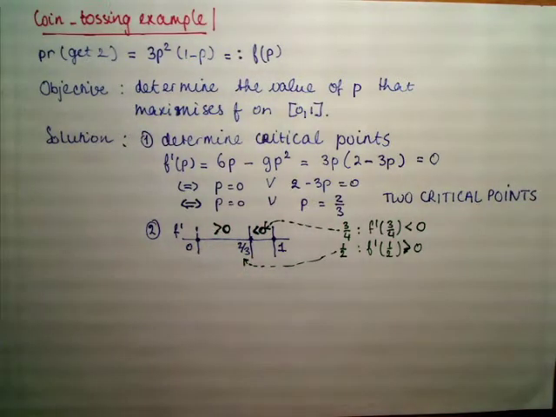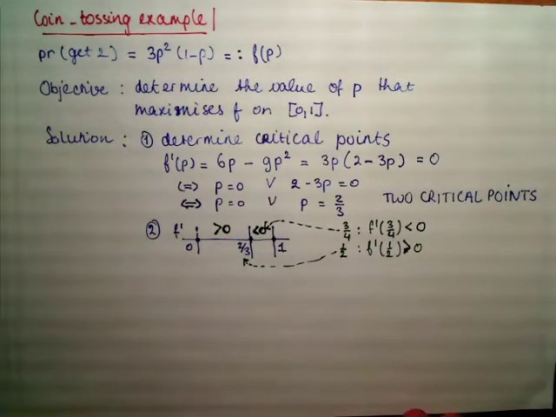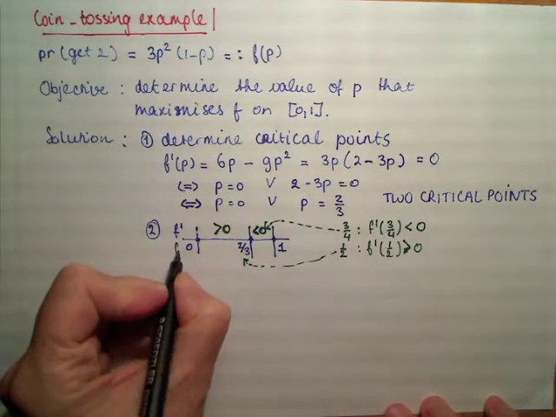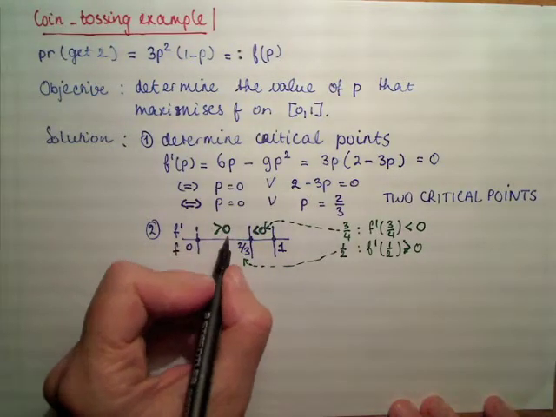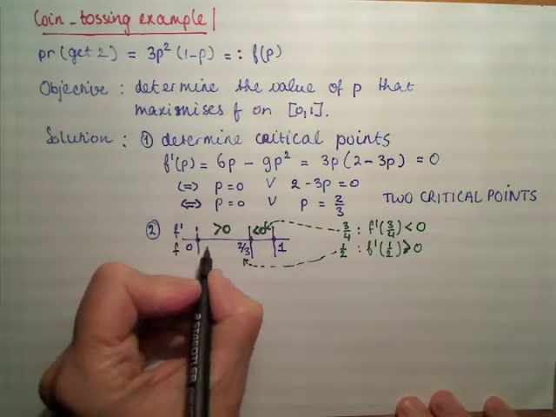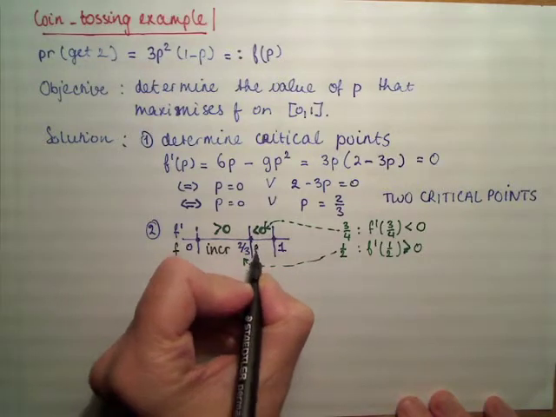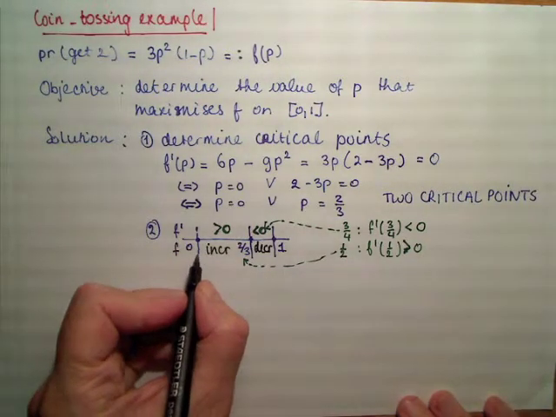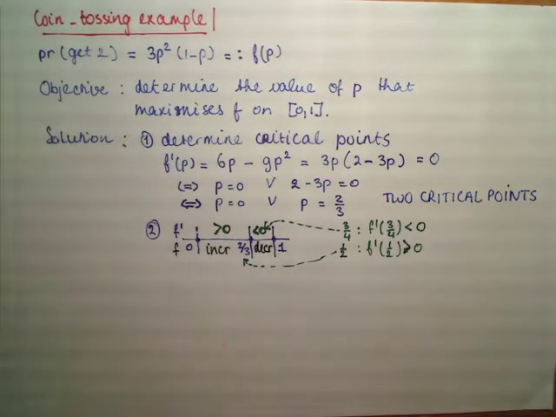Now again, we have these signs, and now finally we can infer how f looks. So when the derivative is positive, f is increasing, and when the derivative is negative, f is decreasing. And so what happens when we start at the endpoint 0, we increase, so 0 itself must be a minimum.